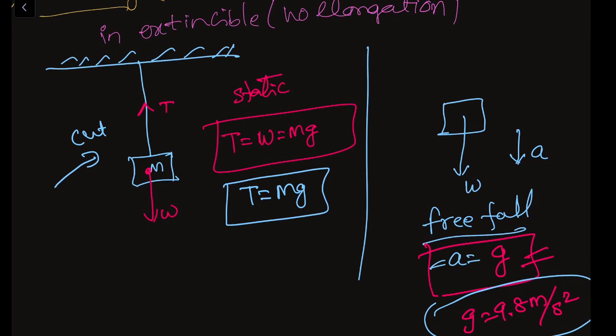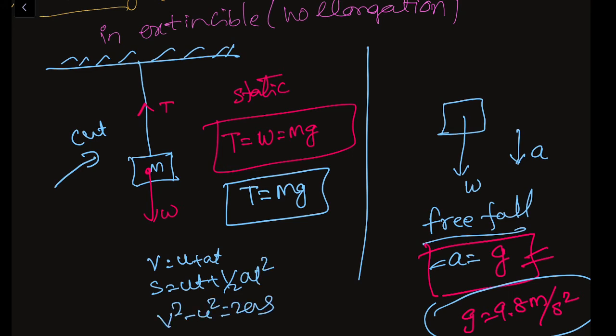We will get everything: distance covered, displacement covered. From the kinematic equations, V is equal to U plus AT, S is equal to UT plus 1 by 2 AT square, and V square minus U square is equal to 2AS. From these we can find velocity, initial velocity, time, displacement, everything.